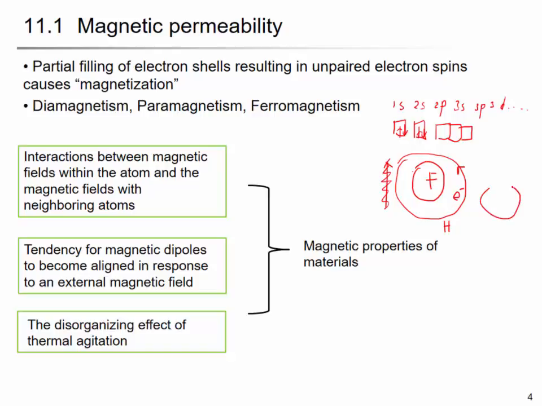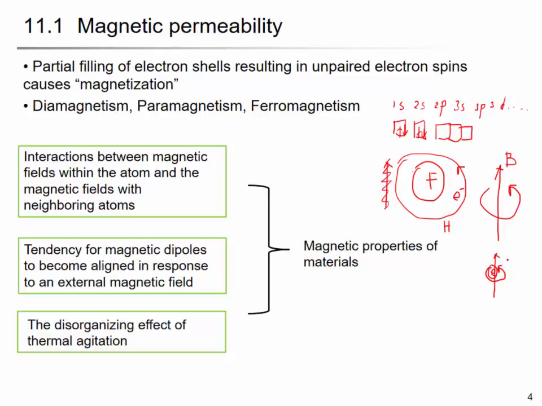So you have an electron moving like this, and this is the magnetic field generated by that. And also the electron itself can spin. So the spinning electron will also generate a field. So the field can be generated by the movement of the electron in the orbital, and also by the spinning of the electron itself.